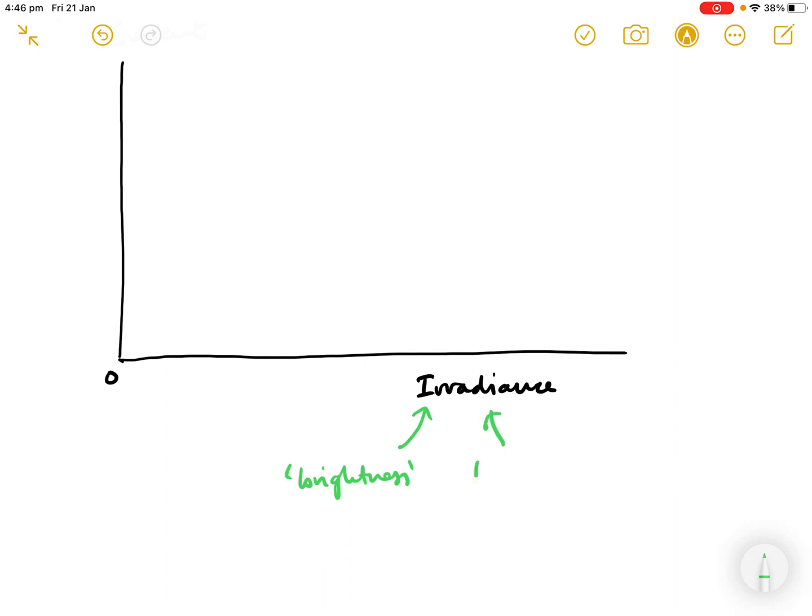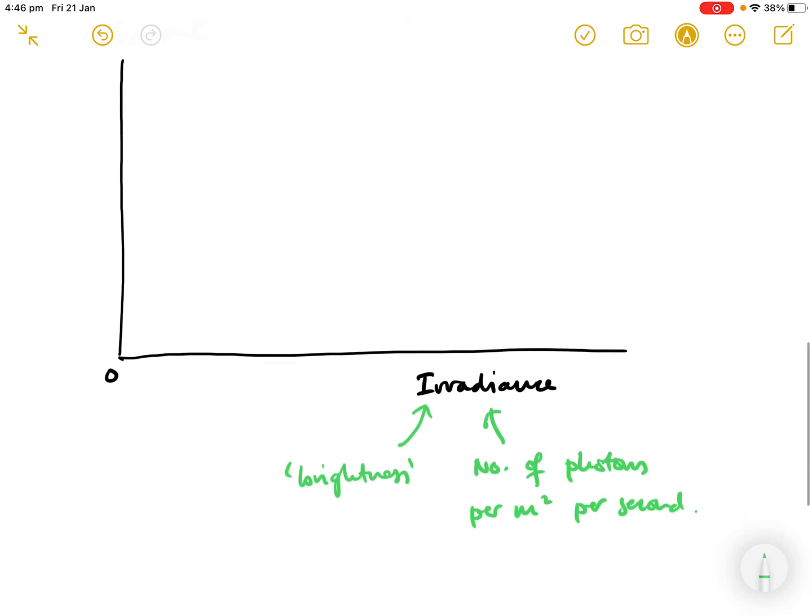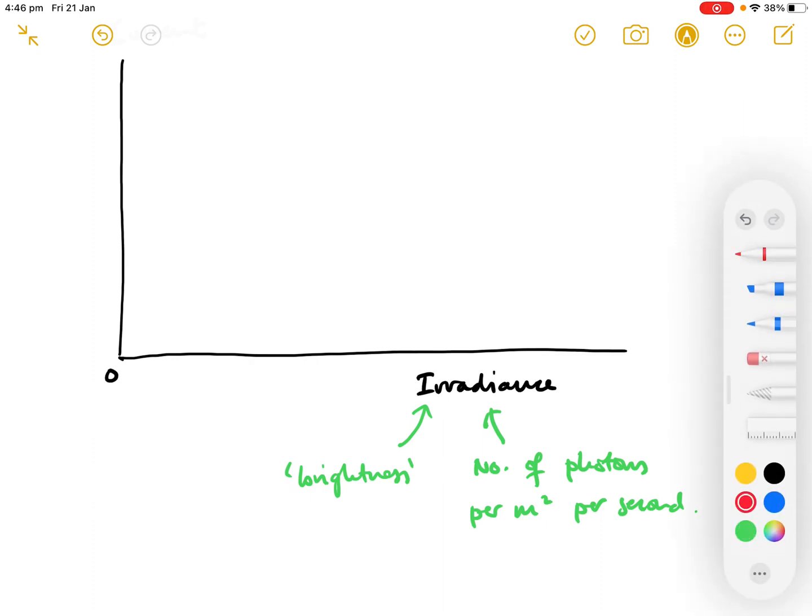It's actually better thought of as the number of photons arriving per square meter per second. So loads of photons per square meter per second, lots of irradiance. The light source would be bright if it were visible. Low irradiance, few photons per square meter per second arriving.